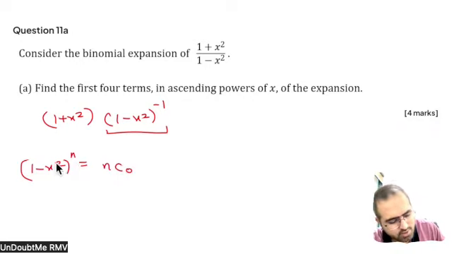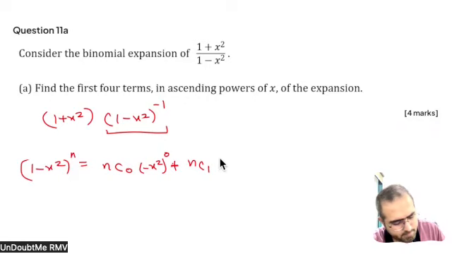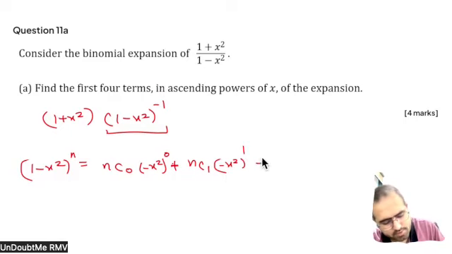So nC0, 1 to the power anything is of no use. So I'll directly write minus x square to the power 0. Then next is nC1, minus x square to the power 1. nC2, minus x square to the power 2. nC3, minus x square to the power 3.